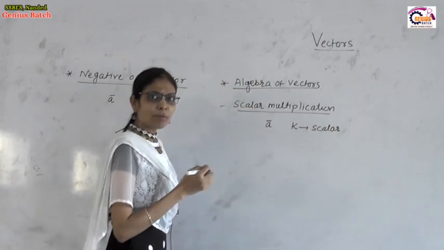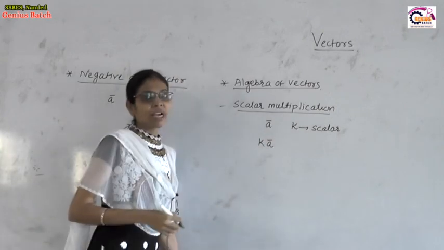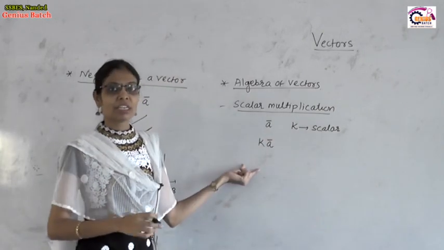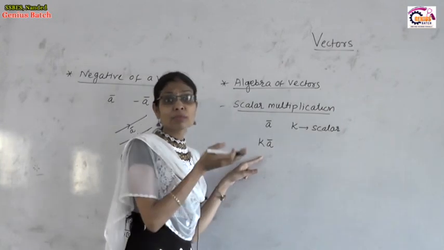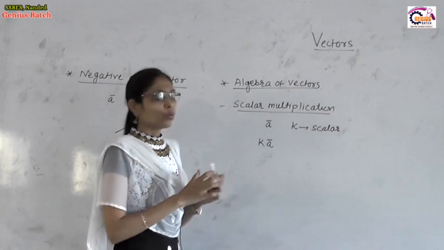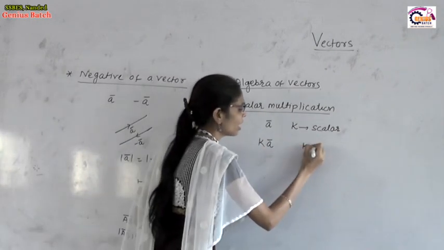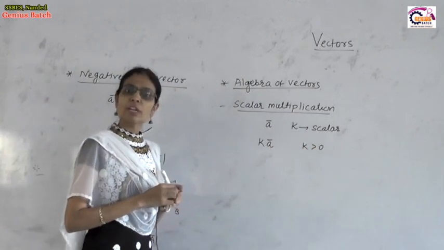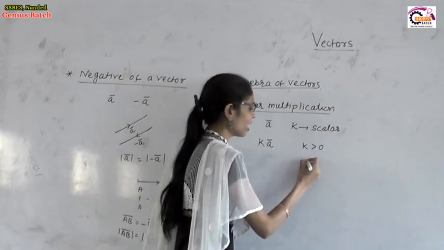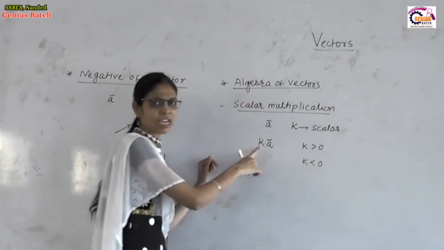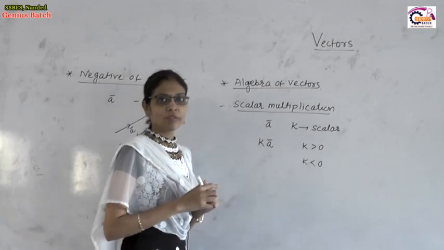Then the scalar multiple of vector A is k vector A, and it is defined as a vector whose magnitude is k times the magnitude of A, whose direction is the same as that of A if k is positive. If k is negative, then k vector A will have the opposite direction as that of vector A.